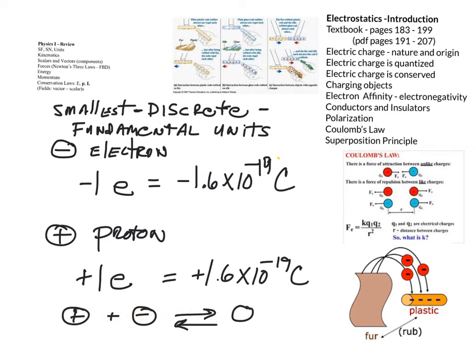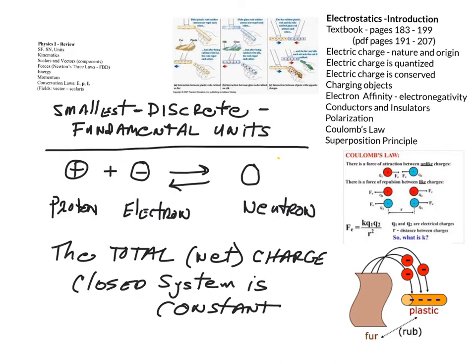So the statement should read, let me pause and write it out. Okay, here's the statement for conservation of electric charge. The total net charge of a closed system is constant.